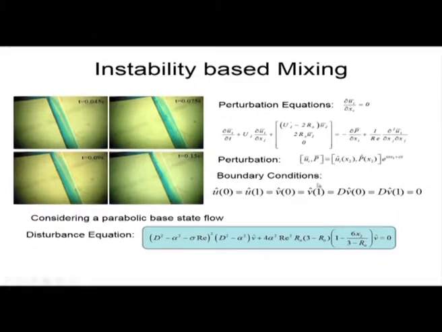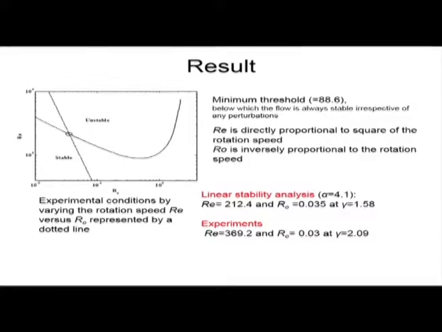This is the perturbation equation, which is a governing equation for the parameter sigma, and it gives rise to an instability map in the Reynolds number and the Rossby number, from which we can tell in which regime the flow is unstable. So this is the neutral stability curve.